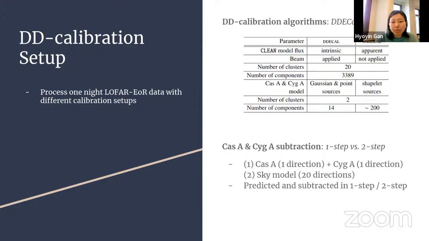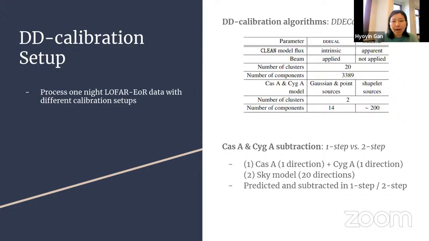So if you subtract Cassiopeia A and Cygnus A in a separate step, sometimes it helps improve the performance of the direction-dependent calibration. So depending on whether they are subtracted in a separate step or not, we have one-step and two-step approaches here. So they are basically the main setup for our experiments.